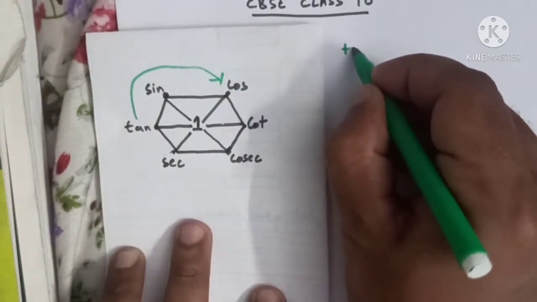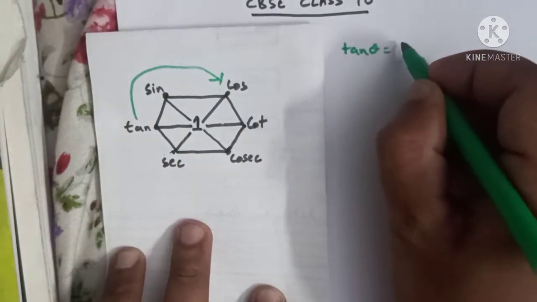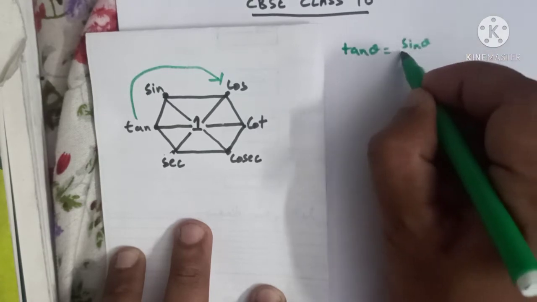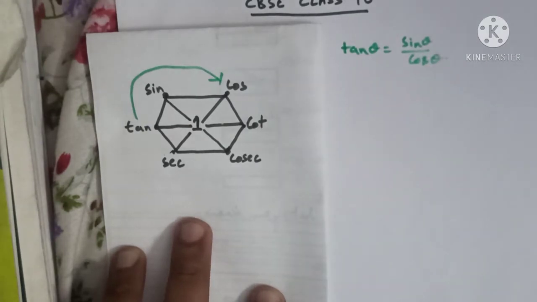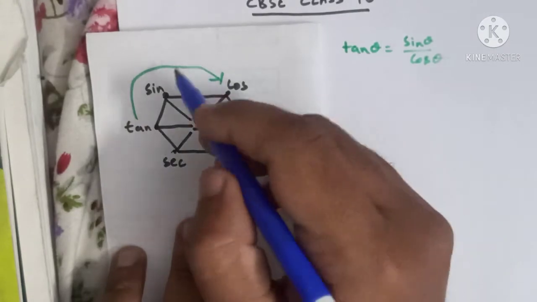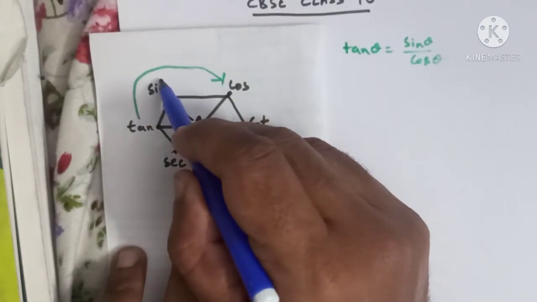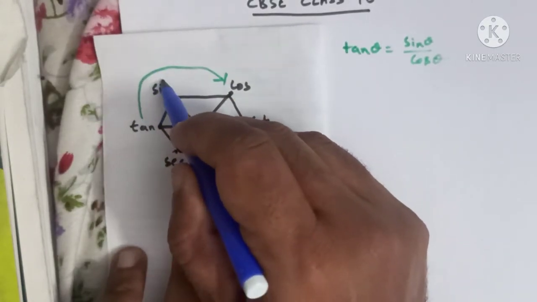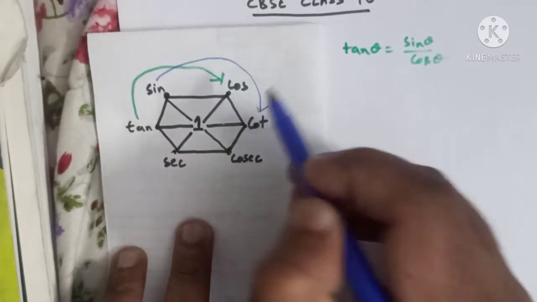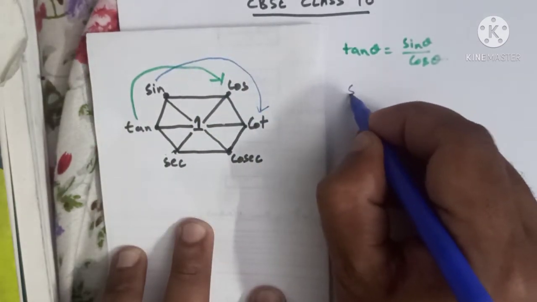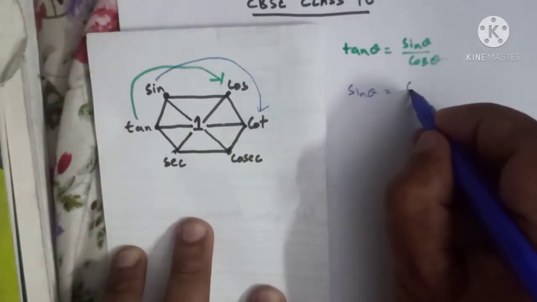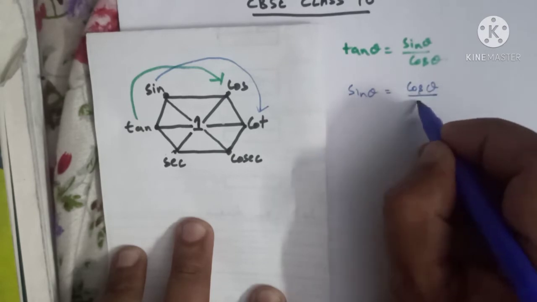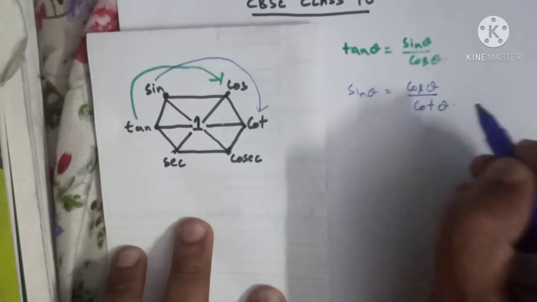So the first identity: tan theta is equal to sine theta upon cos theta. Hope that is clear. Now the second identity: if we start from sine and go from sine to cot, it will be sine theta is equal to cos theta upon cot theta. As simple as that.